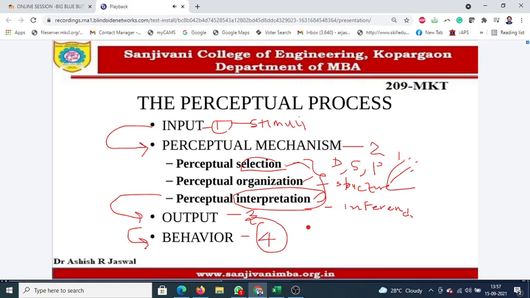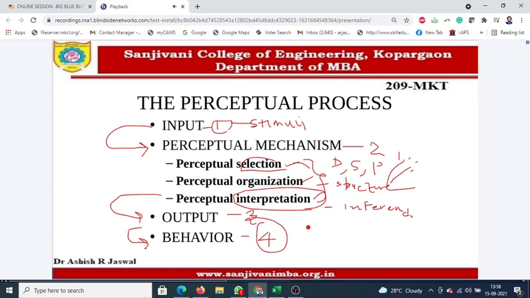So dear students, I suppose we have tried to understand what is consumer perception, what is the nature of consumer perception. We try to understand what is the process of consumer perception, the process structure, what are the components of consumer perception, and also we have tried to understand what is the difference between consumer's perception and consumer sensation, जे generally आपण एकत्र म्हणून वापरलं जातं.